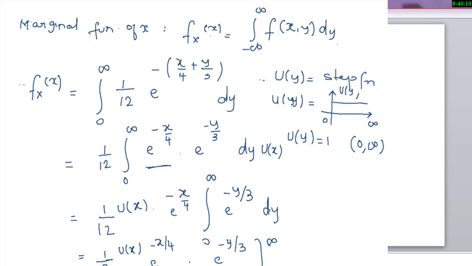So the marginal function f of x is 1 by 12 u of x e power minus x by 4, the constant term that we have taken.